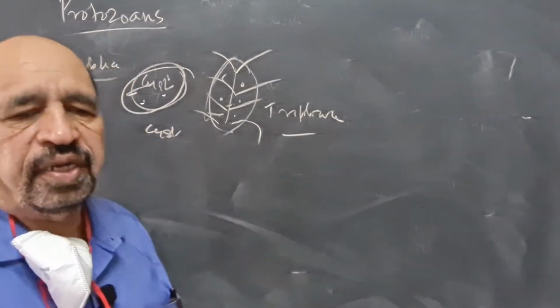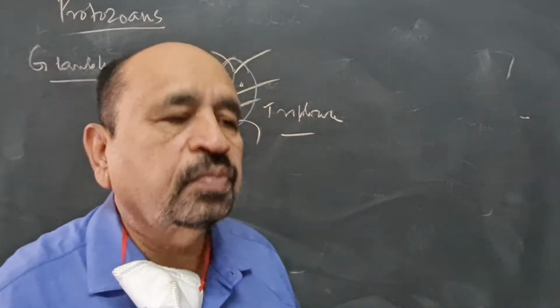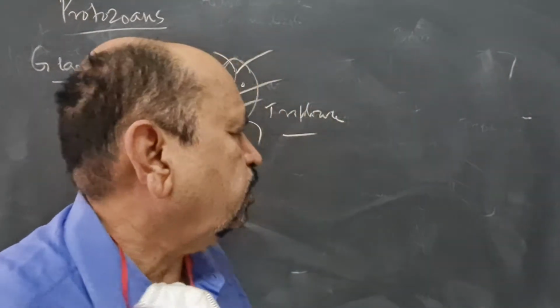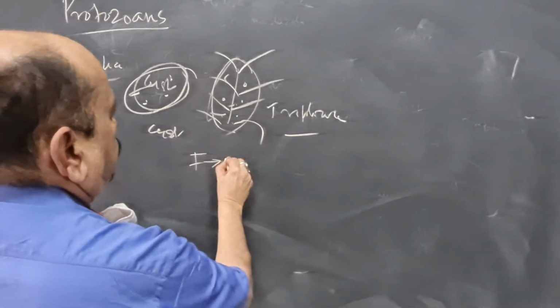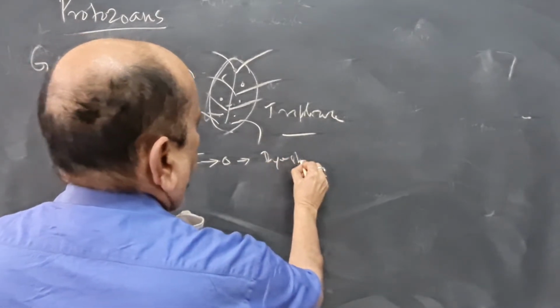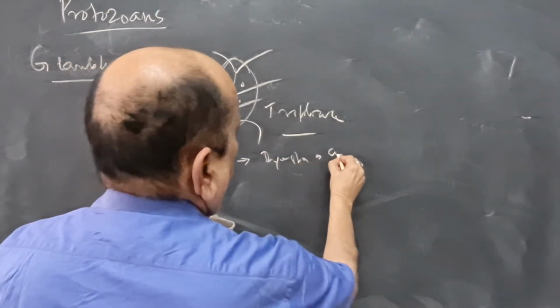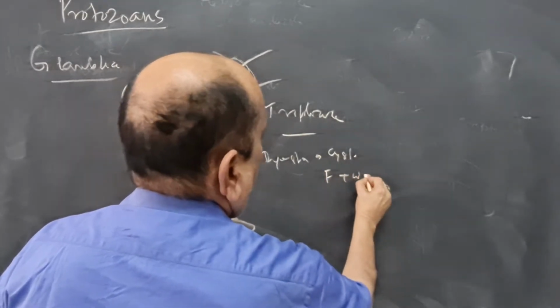How does man get infected? Giardia lamblia is acquired by the fecal-oral route, by ingestion of cyst in food and water.